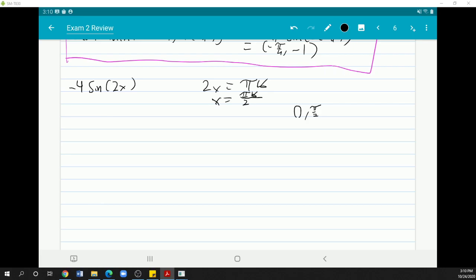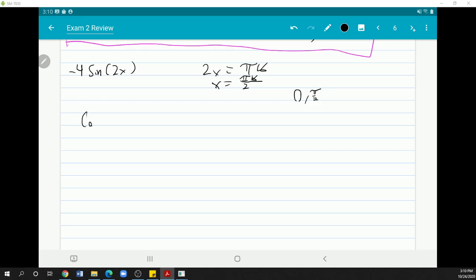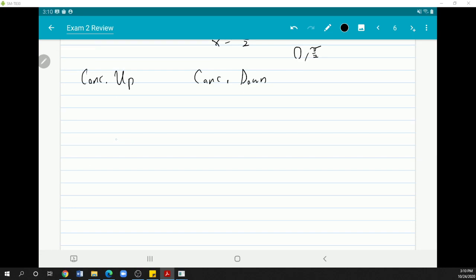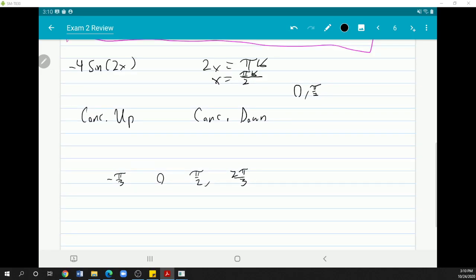And now we do the same thing. So concave up, concave down. We're going to use our sign chart to figure that out. So minus pi over 3, 0, pi over 2, 2 pi over 3. In our function, I have to be careful.